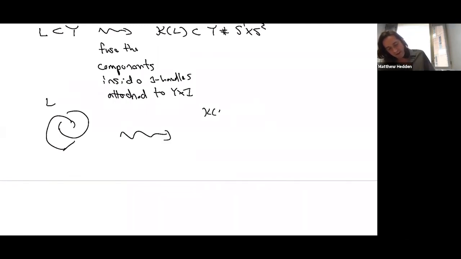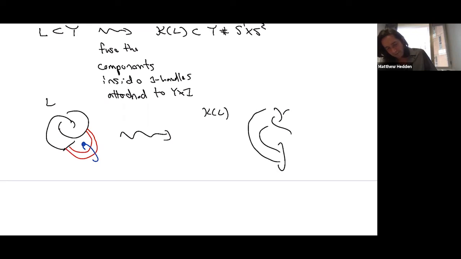I get a knot inside S1 cross S2, which attaches a band to fuse the two components together, but this is clearly not well defined in general. So I can make it well defined by doing it inside of a one handle. So I get a knot now in S1 cross S2.